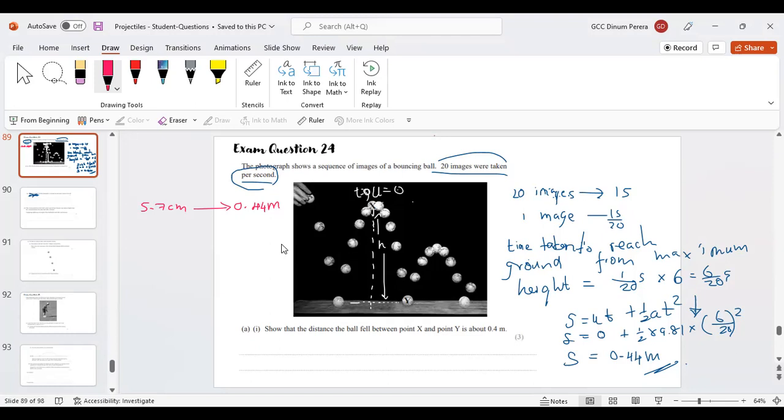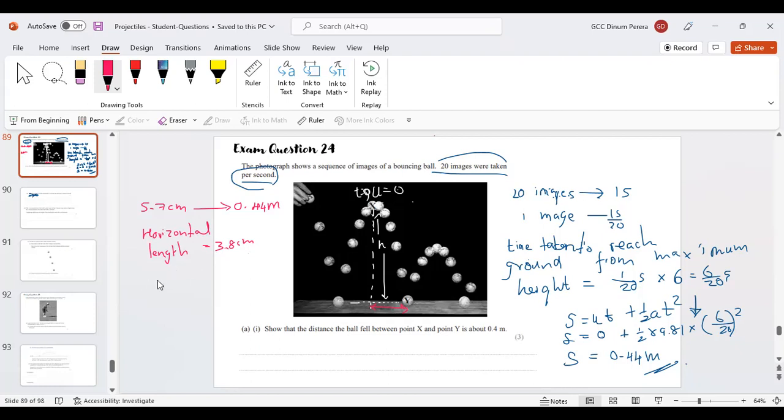So the 0.44 meters actual height is shown by 5.7 centimeters. So we can make a ratio. And then you measure the horizontal length between X and Y. When you measure that distance, it comes to about 3.8 centimeters.